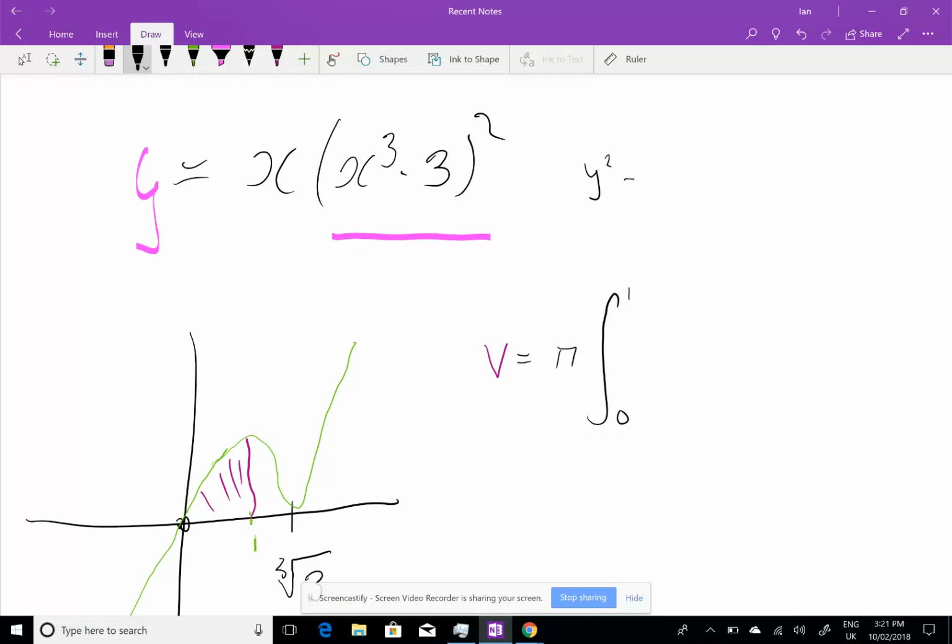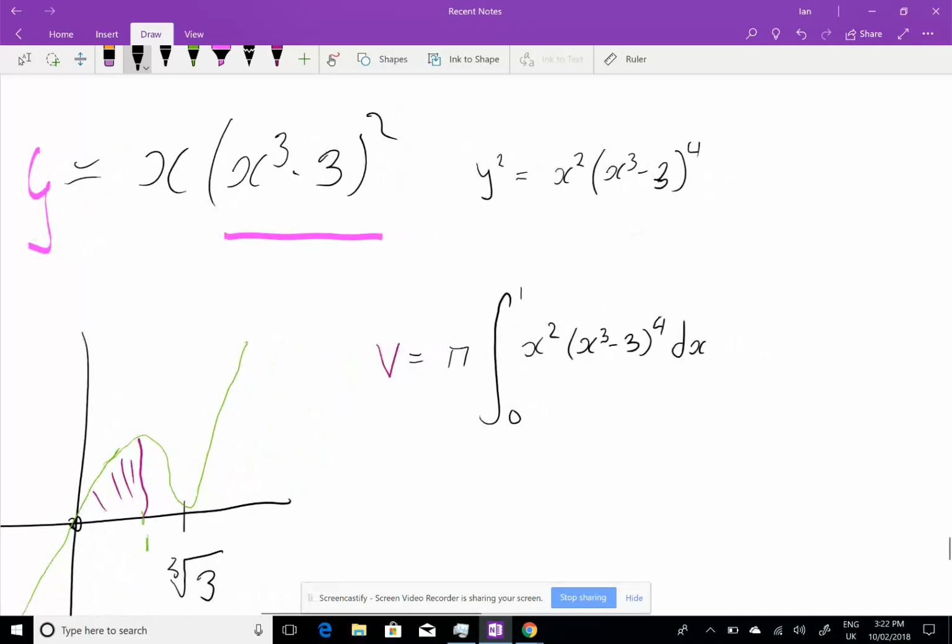So y squared equals x squared, x cubed minus 3 to the 4. If I square all that because of multiplied terms, I'll just square each term. So we've got x squared, x cubed minus 3 to the 4 dx. Goodness me.